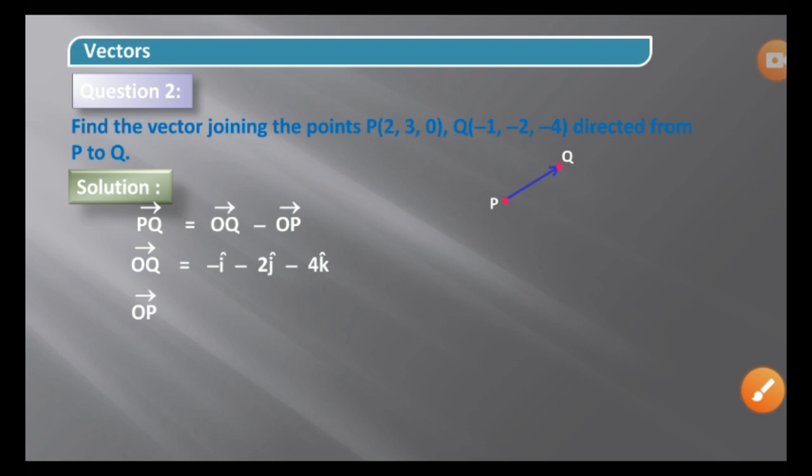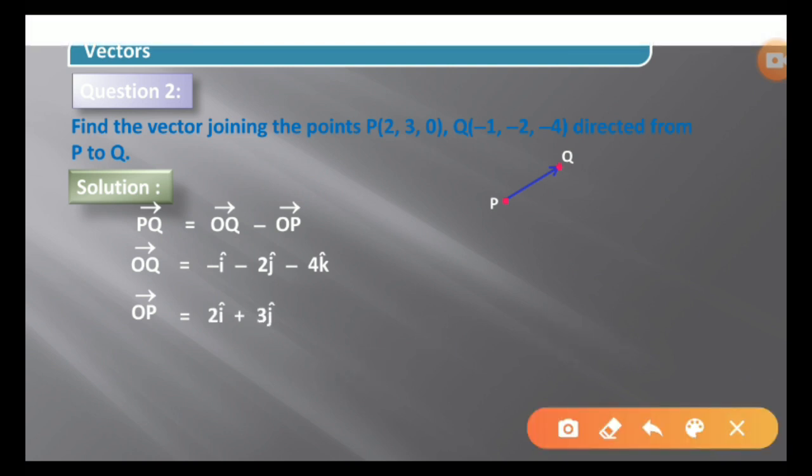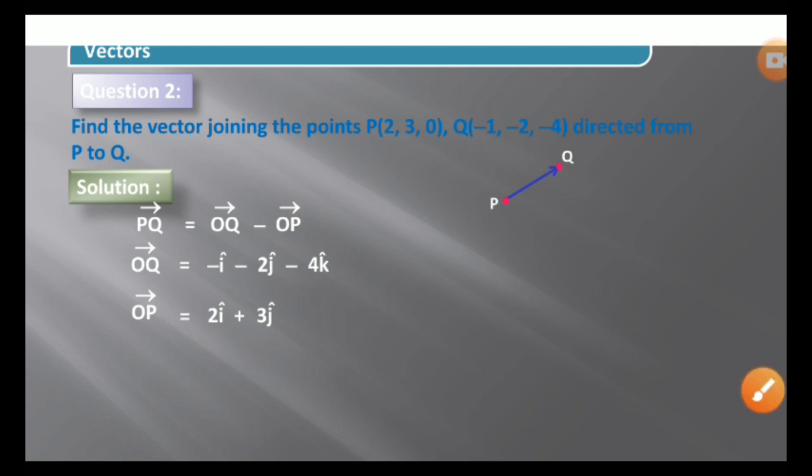Next, the position vector of the point P will be OP, that is equal to 2i plus 3j, because we consider the coordinates of the point P. Here 0 is the third coordinate, so we don't have any k coefficient, so we have only 2i plus 3j.